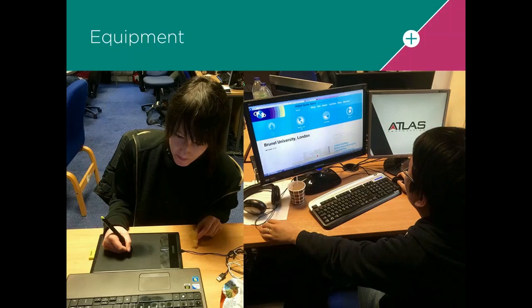And then to talk a little bit about our equipment for you tech heads out there who are interested, we have an Intel i7 processor on each computer with dual monitors, a Bamboo Wacom tablet for art and drawing.